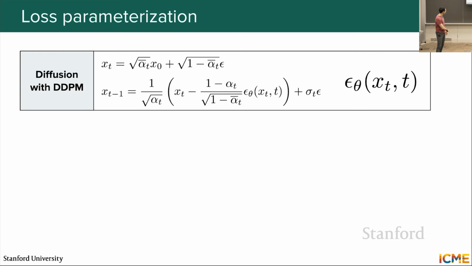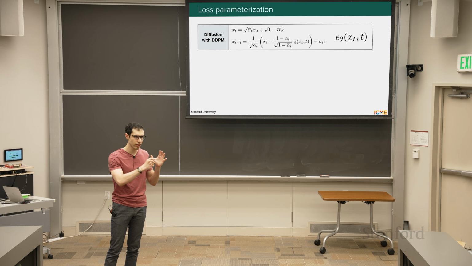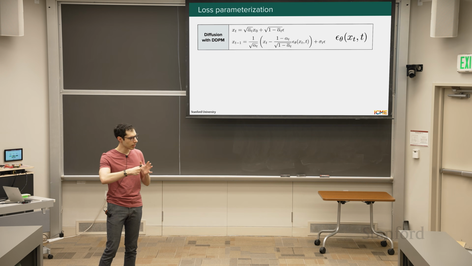So first, I'm going to recap what we saw during the first 3 lectures. The first one, if you recall, was diffusion with DDPM, where our thought process was we take clean images that we corrupt step by step.